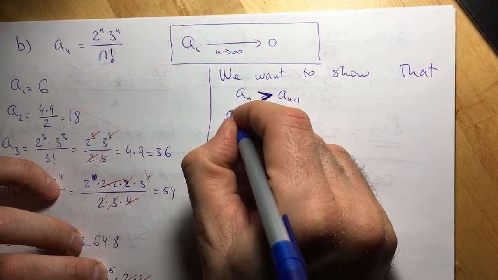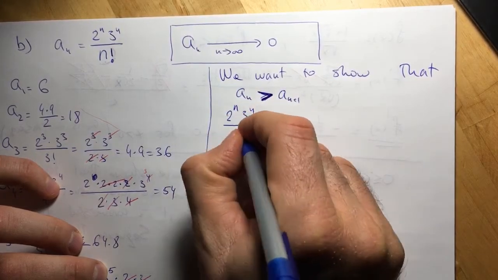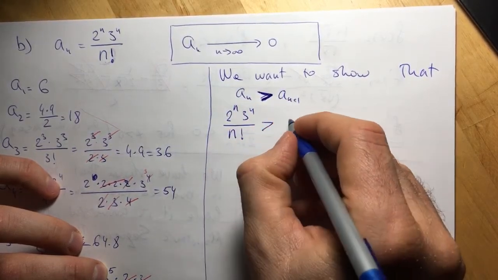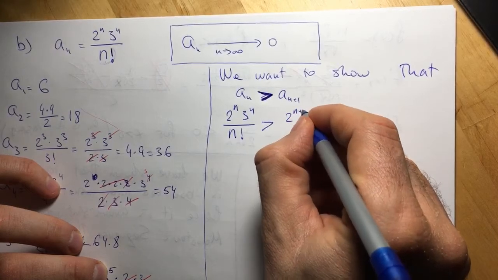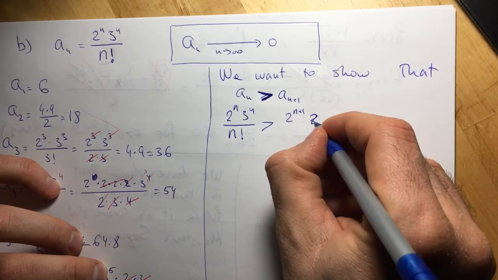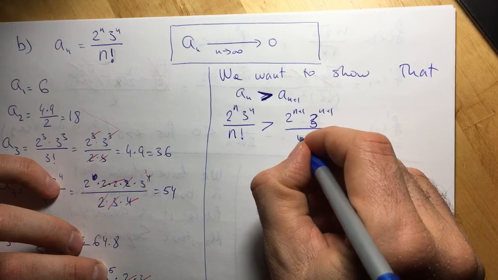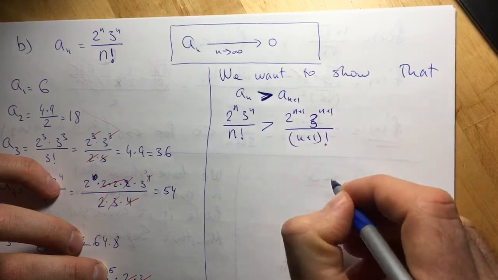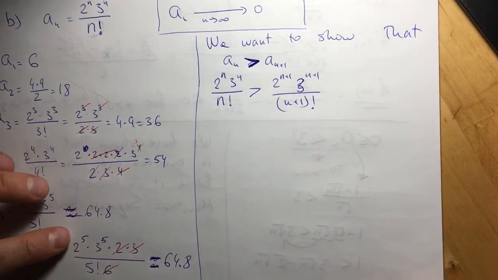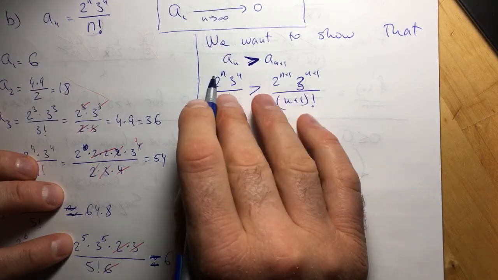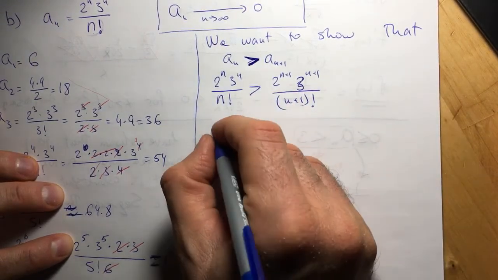So here I have 2 to the power of n times 3 to the power of n over n factorial. I want to show that this is greater than 2 to the power n plus 1 times 3 to the power n plus 1 over n plus 1 factorial. And again, similarly like in the previous case, I'm just going to cancel everything that I can cancel.